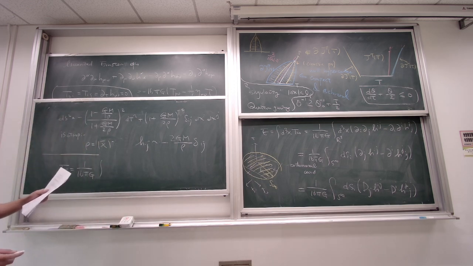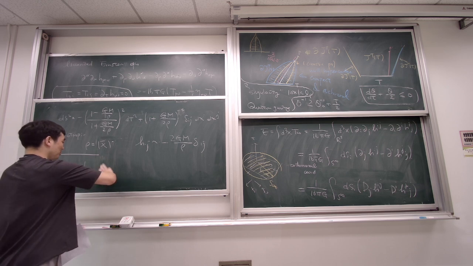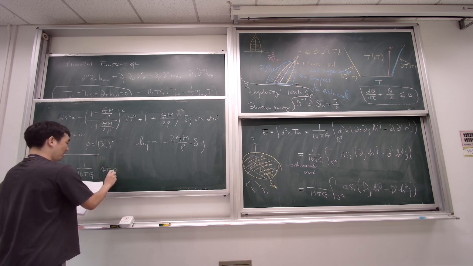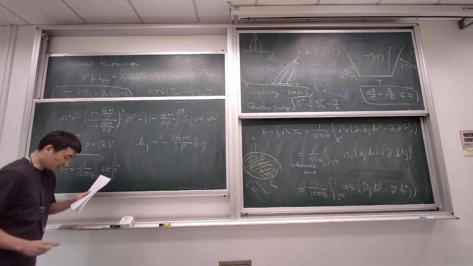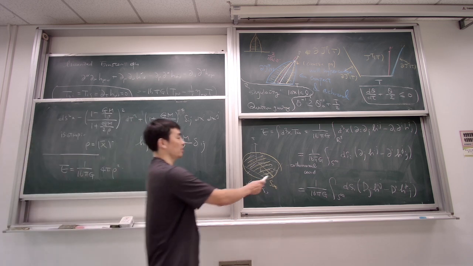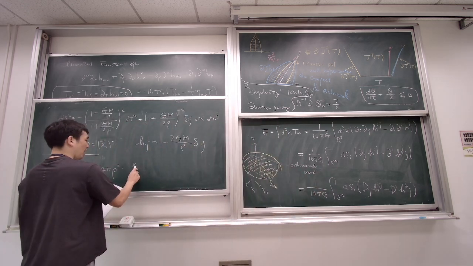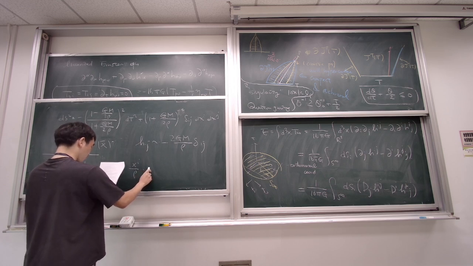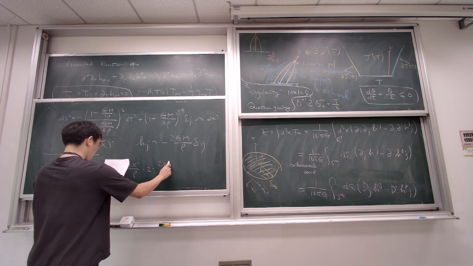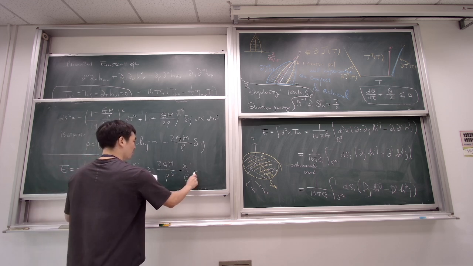What would you get? You should get 4 pi rho squared, which is the S2 surface, the area at S infinity, and the 2GM over rho cubed, x^i over rho, which will give you m.